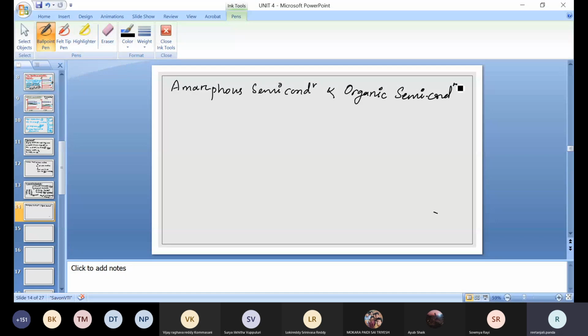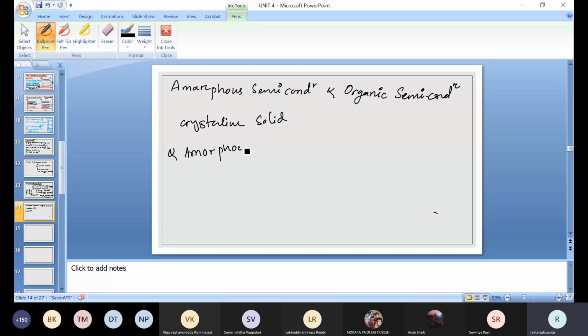In the case of a crystalline solid, we know that it is going to have a characteristic geometrical form.